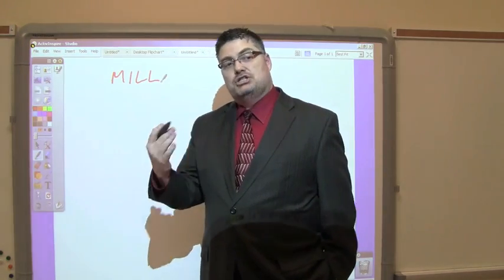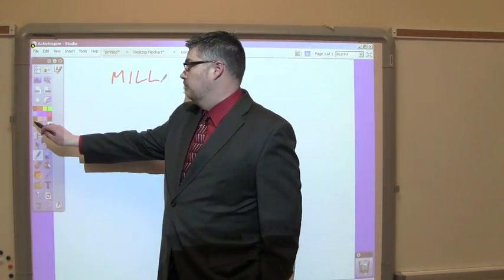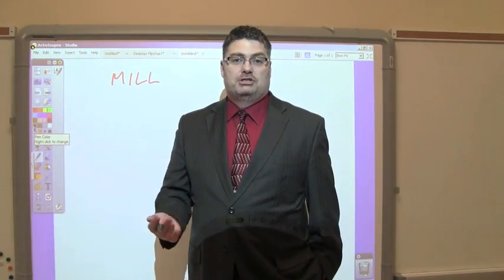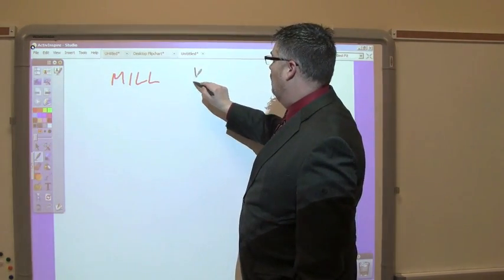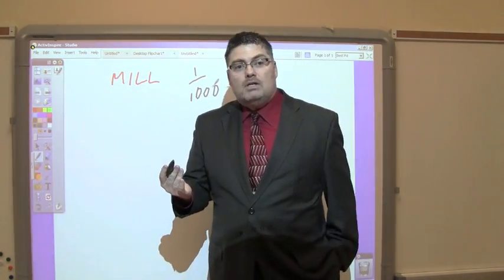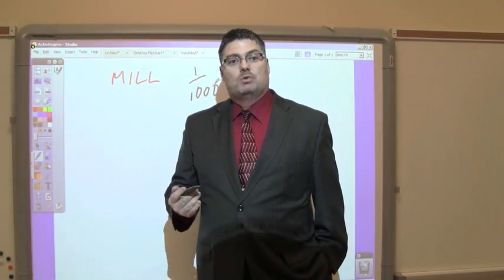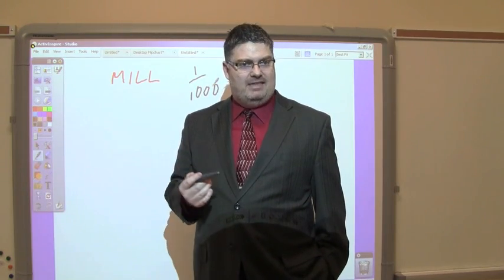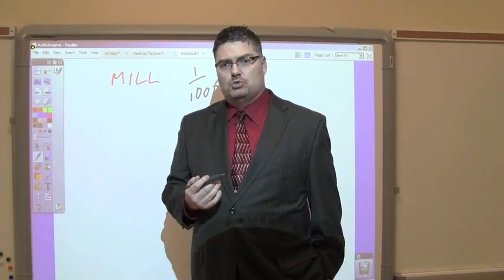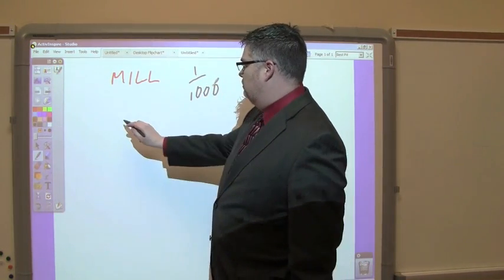So, to get started with answering this question, what is a mill? Quite simply, a mill is a unit of measurement equivalent to 1/1000th. Now, that's a hard concept, 1/1000th. We don't usually think in those types of terms. So when I talk to people about what millage represents, I do it like this.